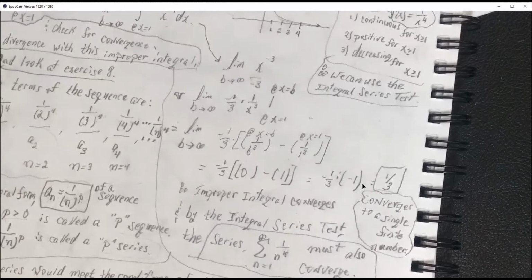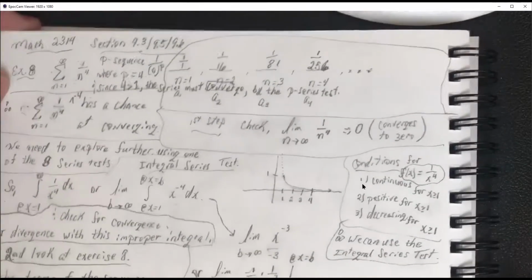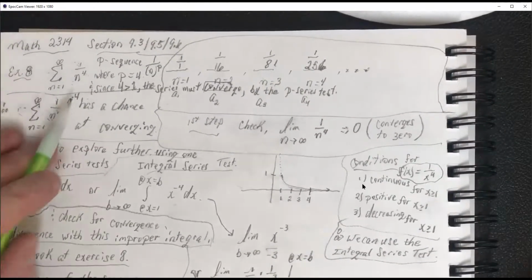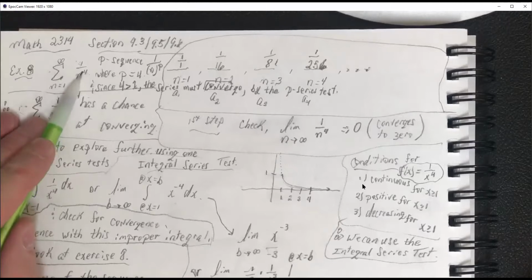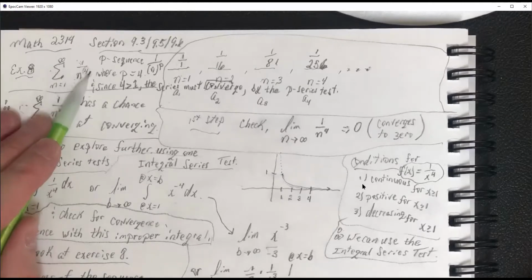Whatever the improper integral does, so does the series. That's the integral series test. But instead, why not just use the P series test when it's a P sequence and take 5 or 10 seconds and look at the power.